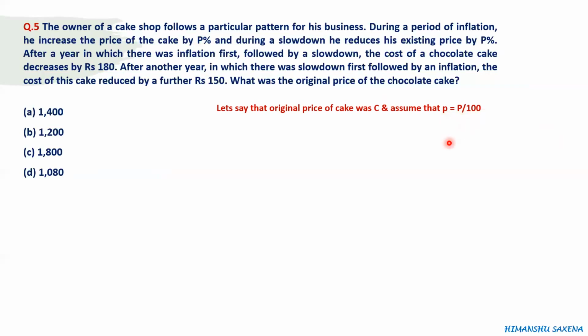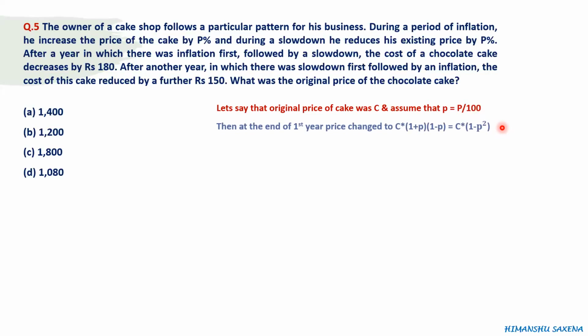It would be easier for us to put the value of p in every equation. That is why we are doing this, because when you calculate the interest rate, you always have to do it by 100. So instead of doing it by 100 every time, let's write small p is equal to capital P by 100.